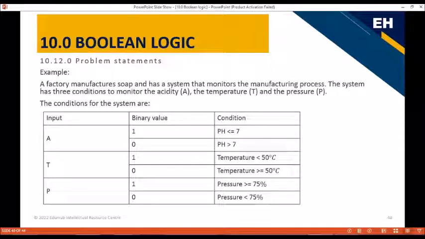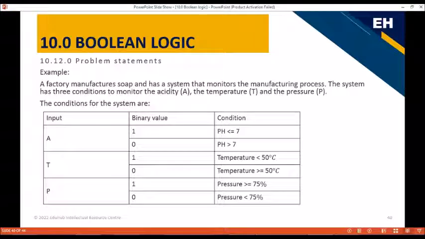For A, which is acidity, when the binary value for A is 1, the condition is that pH is less than or equal to 7. When the acidity binary value is 0, the condition is pH is greater than 7.